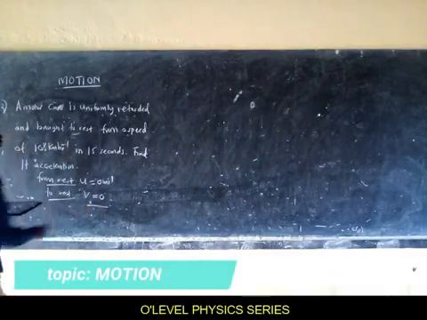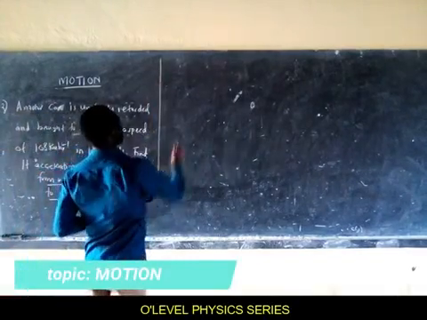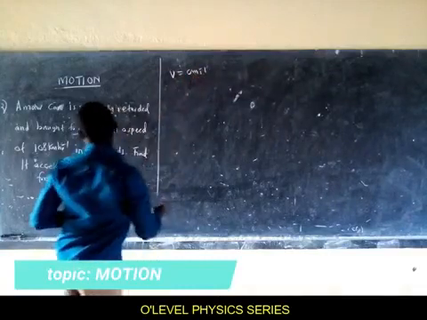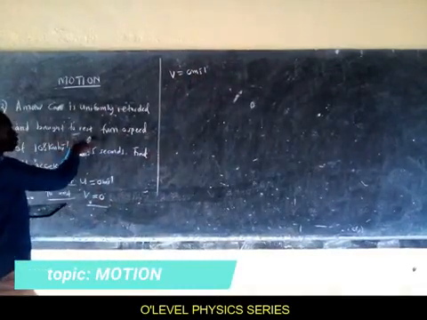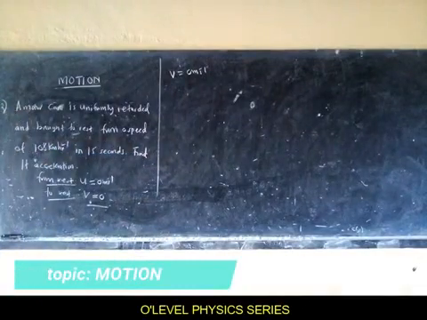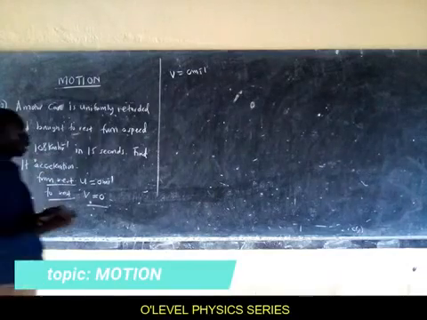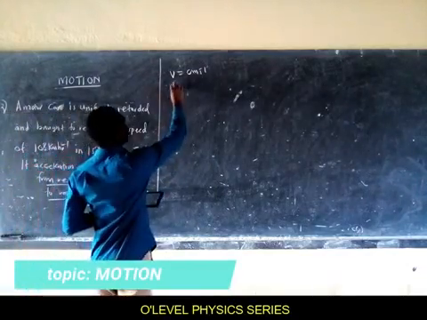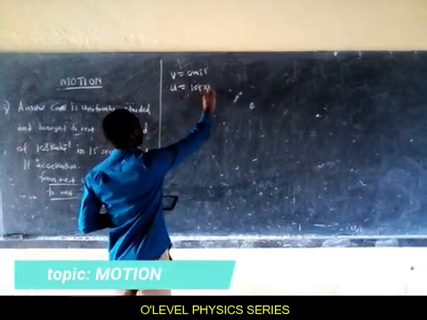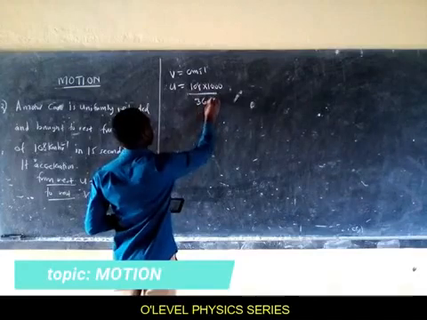To rest means v equals 0. So if I summarize the question, my v becomes 0 meters per second. Why? It's being brought to rest from a speed of 108. Now take note, convert this to meters per second. How? My u would be 108 multiplied by 1000 divided by 3,600.